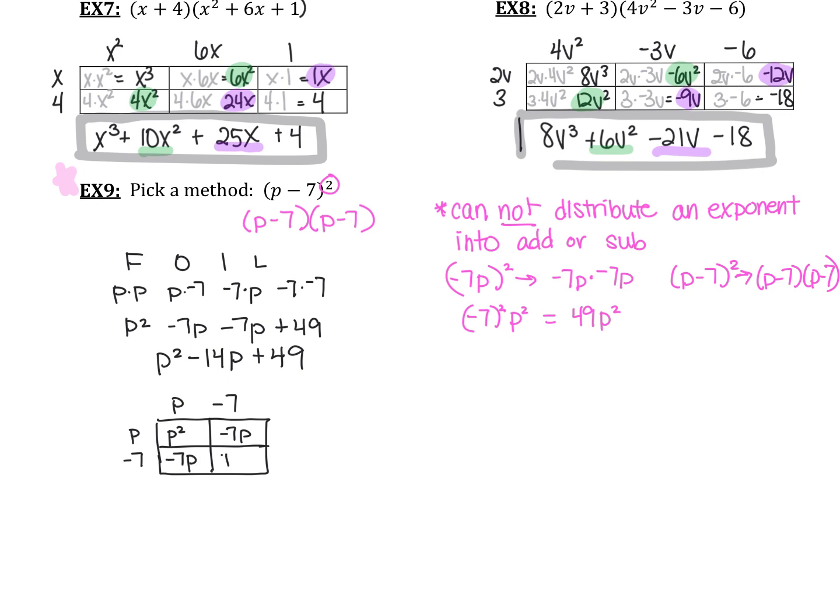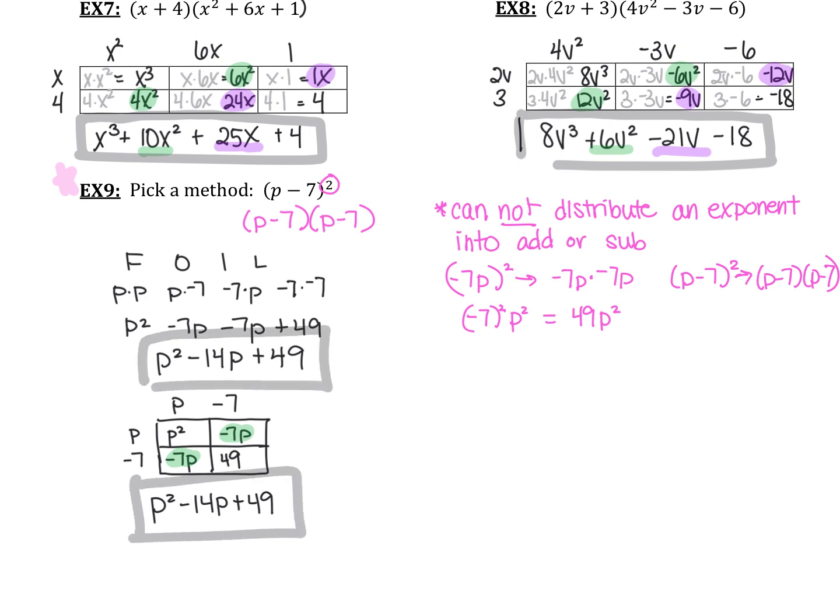And then positive 49. And my like terms that I'm going to combine, in this case, are the negative 7p and the negative 7p. And the end result is p squared minus 14p plus 49. Okay, so we know we get this trinomial of p squared minus 14p plus 49.